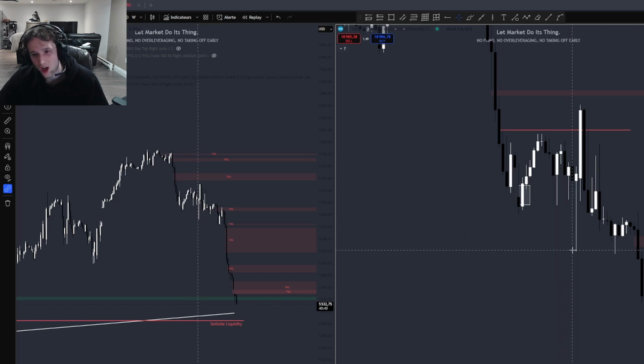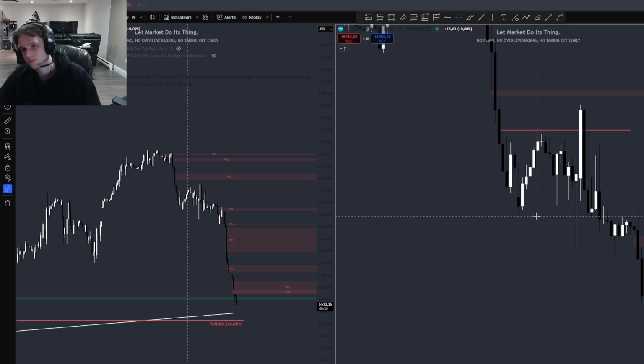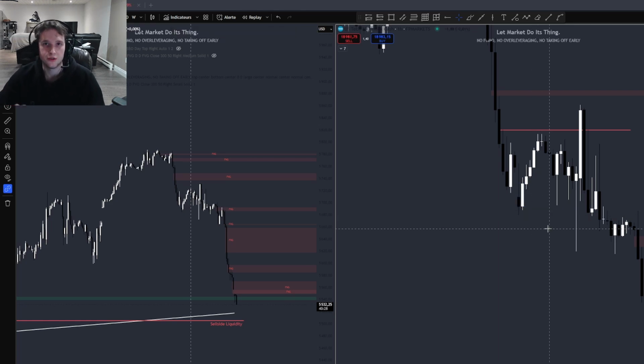This wick stops everybody out, does the most amount of damage possible, but the body closed bullish over here. Are we bearish? No. So again, wicks do the damage, bodies tell the story. We're going to apply this in later videos, so make sure you understand that too.